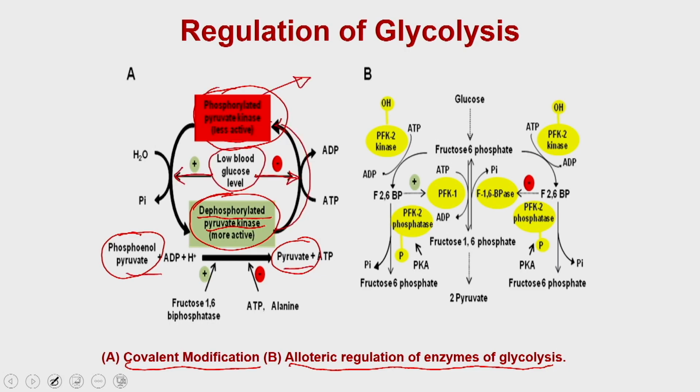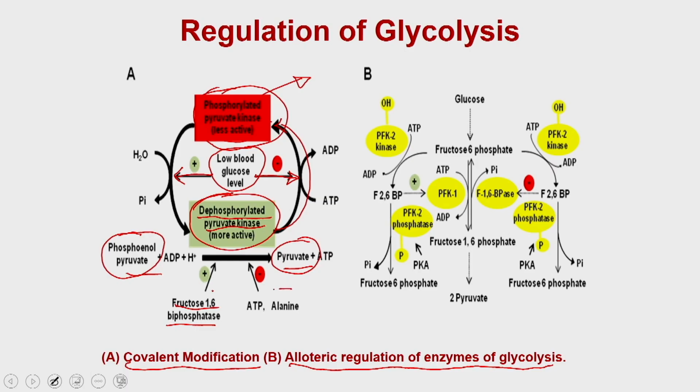Apart from this regulation, which is a covalent modification, there is fructose 1,6-bisphosphate. If you remember, in the initial reactions 1 to 4, fructose is phosphorylated by another round, and that generates fructose 1,6-bisphosphate, which positively regulates the conversion of phosphoenolpyruvate to pyruvate.